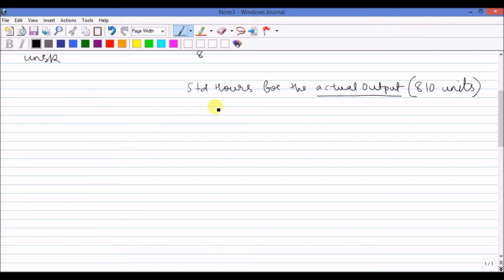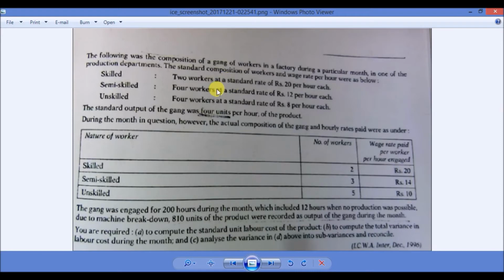Now for each category of worker I'm going to find: skilled, semi-skilled, and unskilled workers. What is given to us? Two workers are a gang together and they are making 4 units in 1 hour.